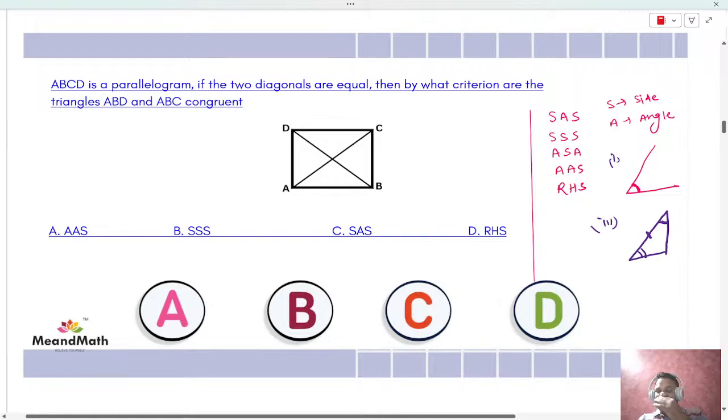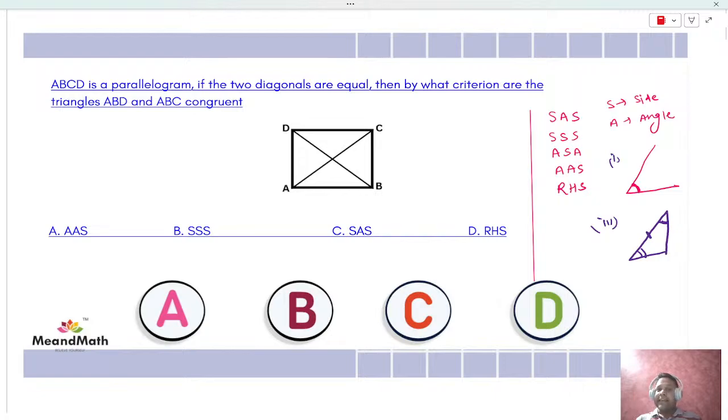So the first angle is equal to the first angle of the second triangle, the second angle is equal to the second angle of the second triangle, and the included side of the first triangle should be equal to the included side of the second triangle. This is the criteria ASA.